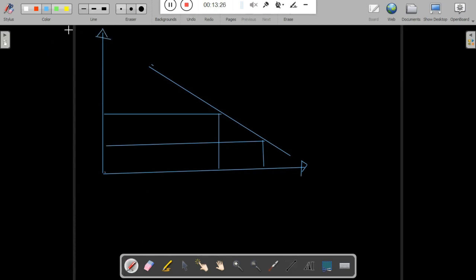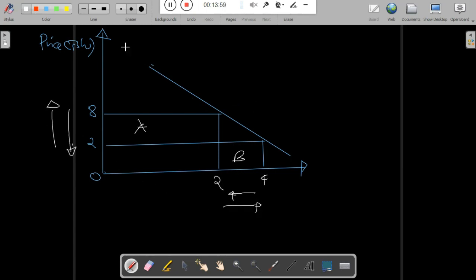So our graph looks like this. On the right-hand side, on the x-axis, we have the quantity in kilograms, and we have 2 and 4 quantities. And on the left-hand side, the vertical axis, the price level, we have 2 and 8.